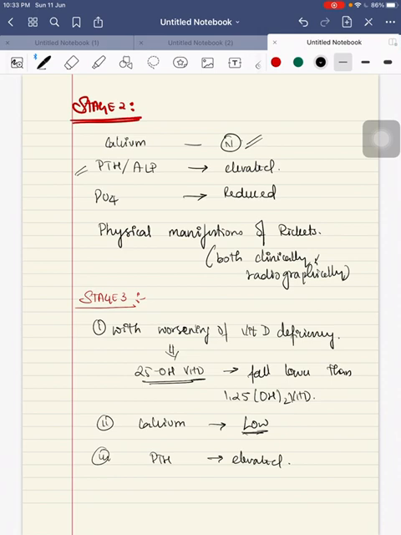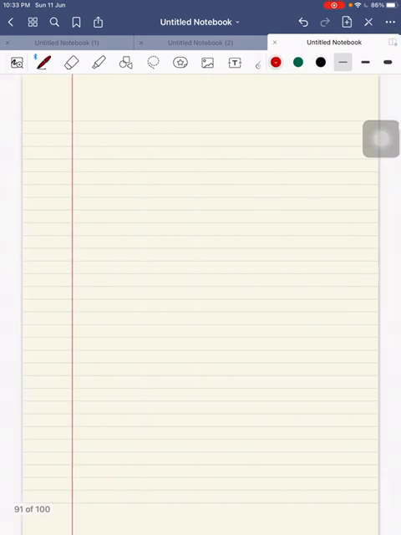I will next take the metabolism of vitamin D. It has a cutaneous synthesis and also a dietary route.